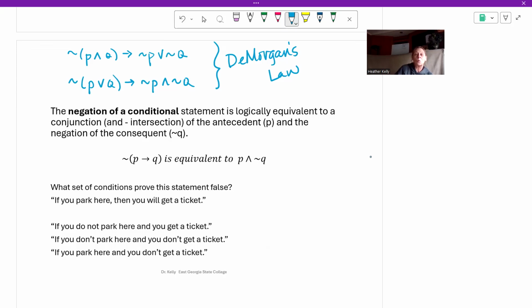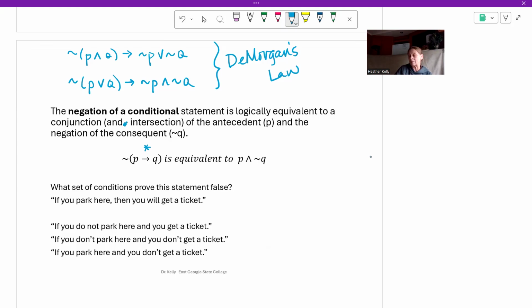Now, this is for the conditional. Okay, so let's see here. It says the negation of a conditional statement is logically equivalent to a conjunction, and/or the intersection, right? That's another way of saying it, the intersection of the antecedent and the negation of the consequent.